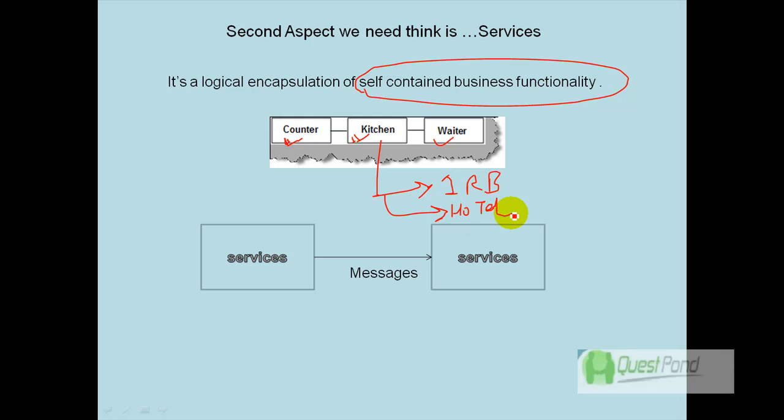Second, I can change the kitchen without even thinking about the waiter, or I can replace the waiter with some new waiter without even changing the kitchen look and feel, or without even changing the kitchen structure. So the other aspect of self-contained functionality is that we should be able to change and modify those services in an isolated manner, without affecting the other services.